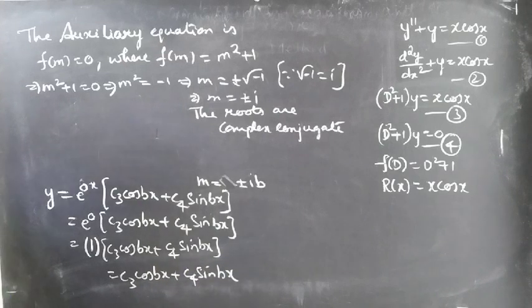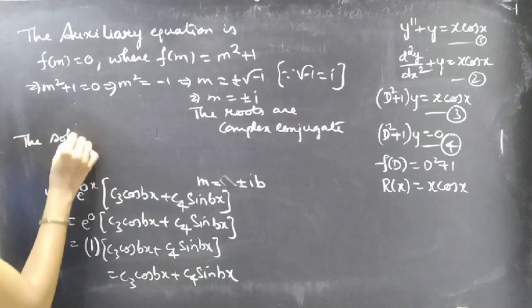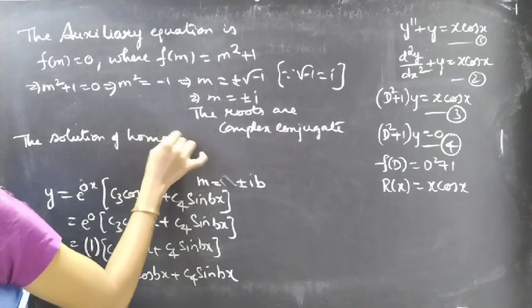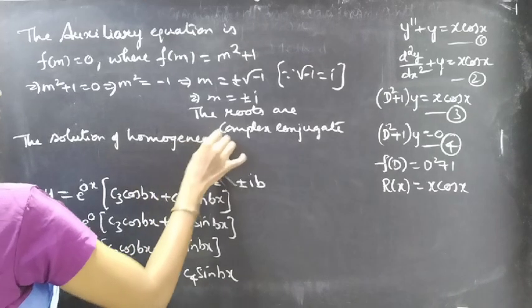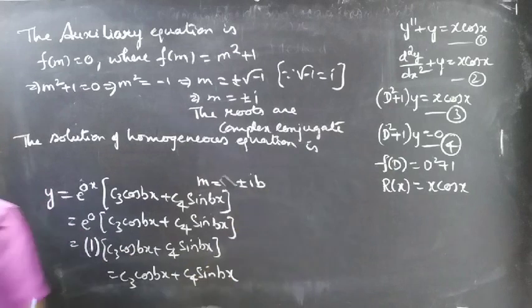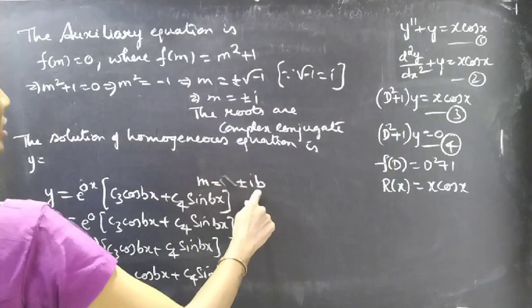Now let's write the solution to our homogeneous equation. The solution of the homogeneous equation is y equal to, just compare plus or minus i with plus or minus ib.